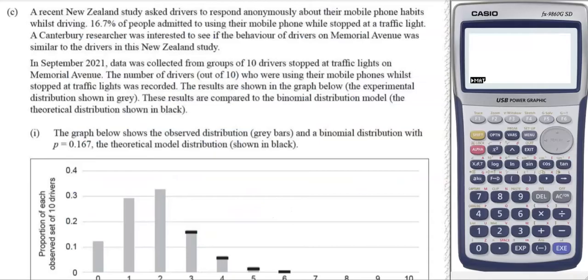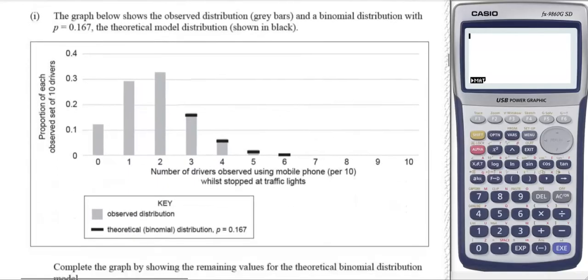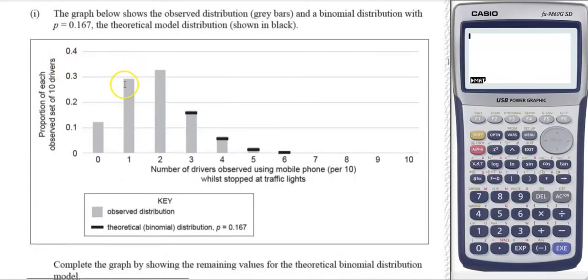And on to part C, pause to read. Okay, so we've got this graph here comparing the observations that are in the grey bars and then a binomial distribution for comparison. The theoretical values have been put onto the graph for some of the bars.